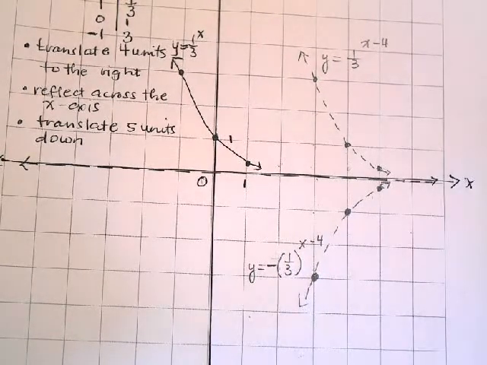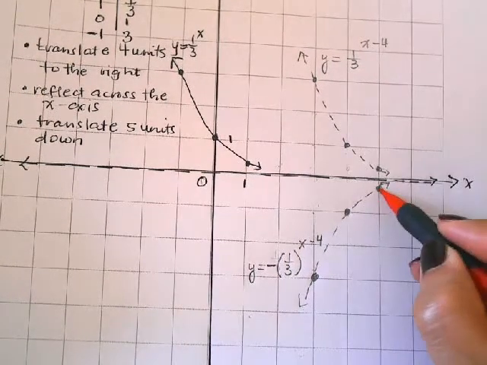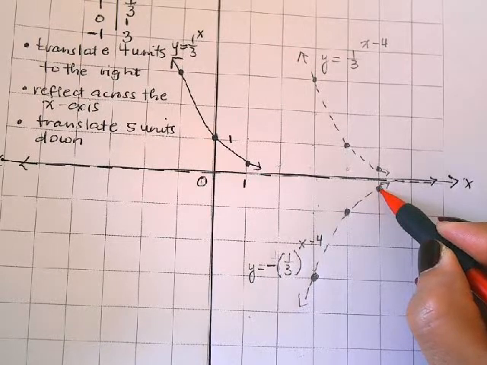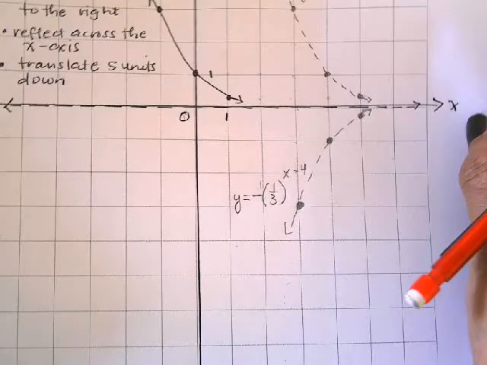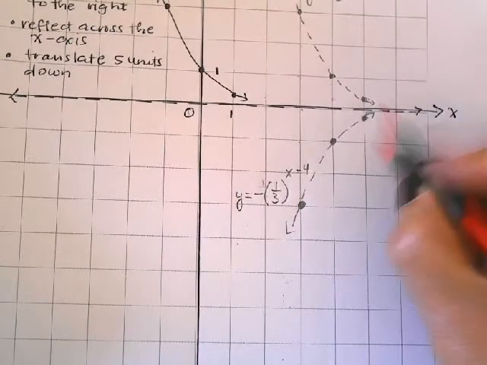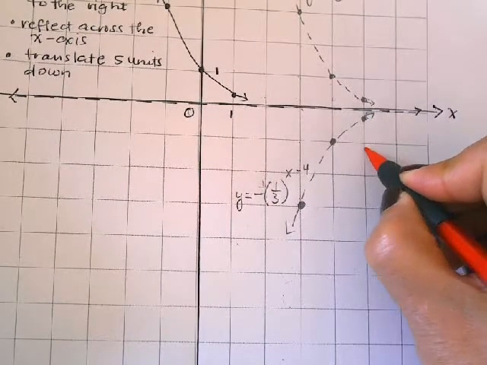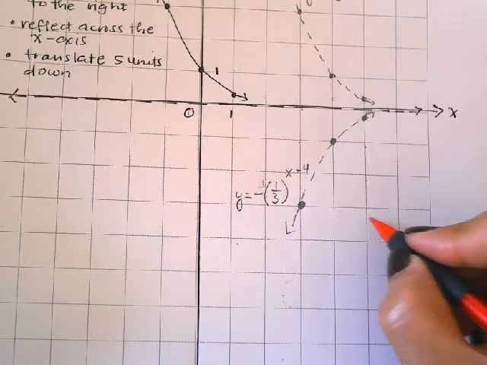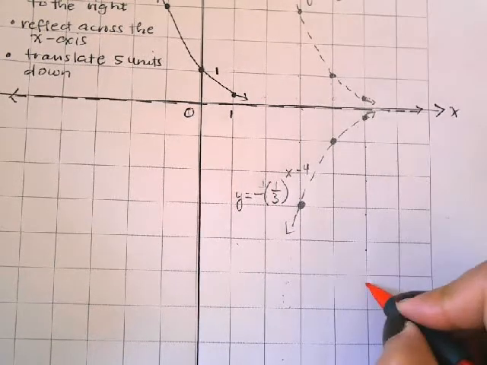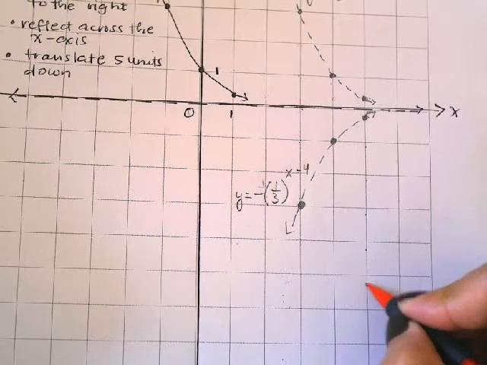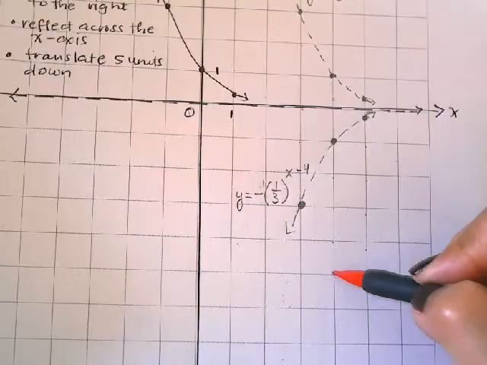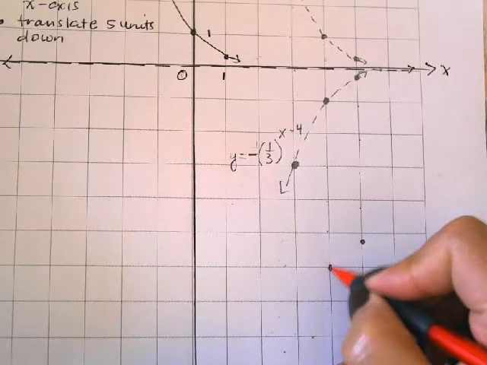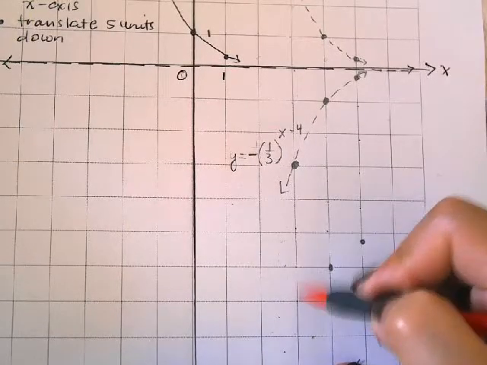When we translate this 5 units down, that's a lot. Let's move our paper so we can reach 5 units down. So that 1/3 is here. That's 1, 2, 3, 4, and 5. We're here. And then this one will be 1, 2, 3, 4, 5.